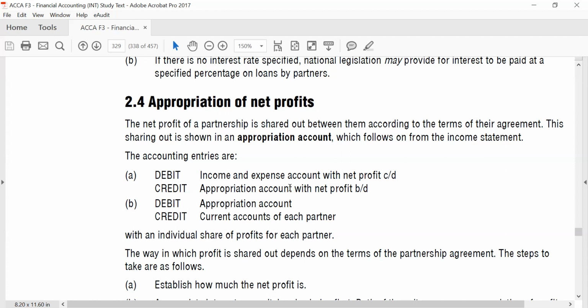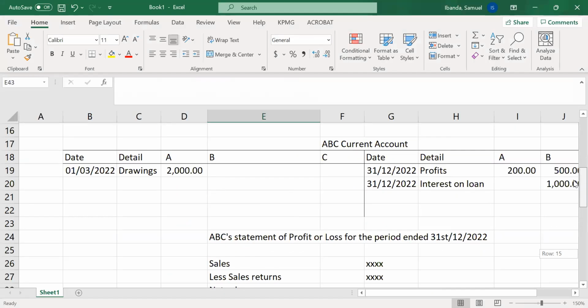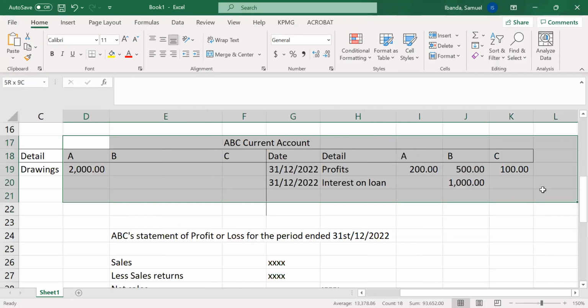Now, sometimes, again, the appropriation account can also be drawn as a T account, just like the way you see how we have our current account, okay? Just like the way we have our current account that we have drawn here, you can have your appropriation account drawn like this.